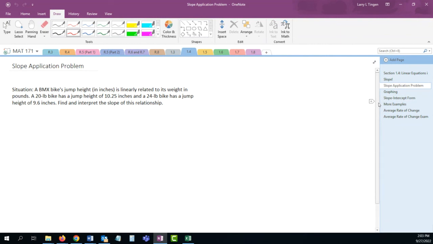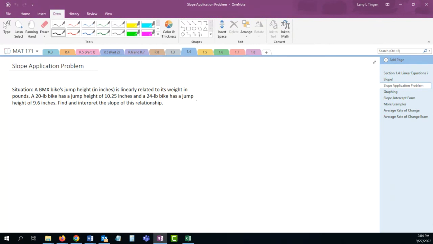All right. No? So let's talk about this application problem for a BMX bike. A BMX bike's jump height in inches is linearly related to its weight in pounds. If a 20-pound bike has a jump height of 10.25 inches and a 24-pound bike has a jump of 9.6 inches, find and interpret the slope of this relationship.